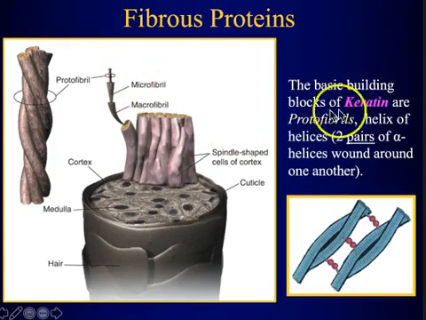So the basic building blocks of this keratin then are these protofibrils, helix of our helices. So we have our alpha helixes, and then we have a helix of them. So these two pairs of alpha helices wound around one another. So it is an alpha helix mixed with other alpha helices that are making these long fibrils of all of our hair.